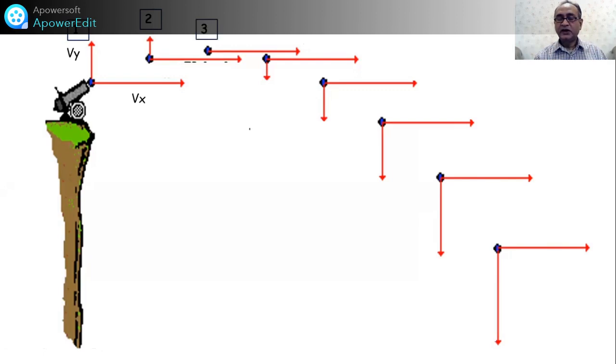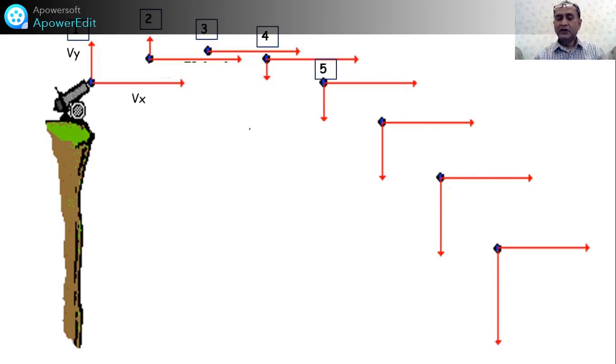At point number 3, it decreases to 0. And when the vertical velocity becomes 0, the shell will start its downward motion. Then at point number 4, due to the attraction of the Earth, the vertical velocity is now increasing. Horizontal velocity remains constant, no change in it, as it was at the first stage. Same is here in the fourth stage.